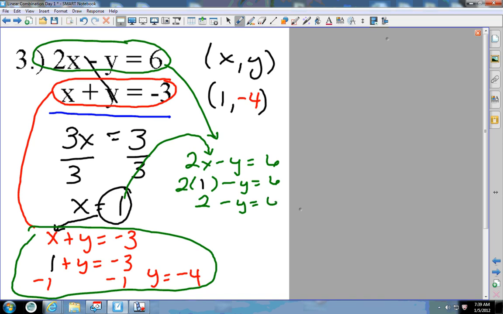Minus y is 6. In this case, we can come up with the same answer, but it's going to give us a little bit more steps to get there. So either way, we get -4 for each one of them.